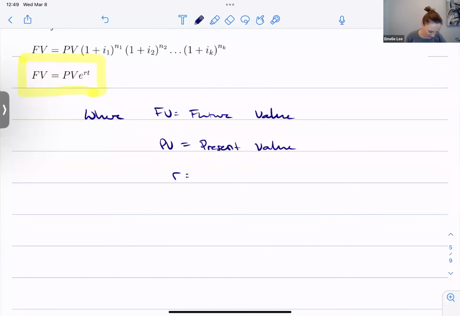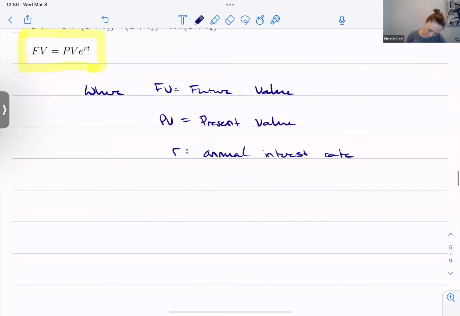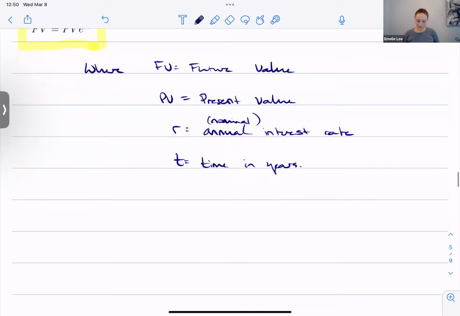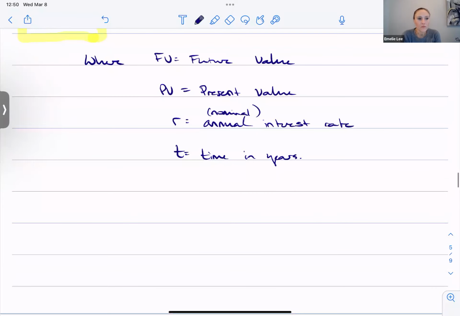R is the annual interest rate, or nominal. We could call it the nominal if we want. And T is the time in years, as always. Okay. So kind of fun.